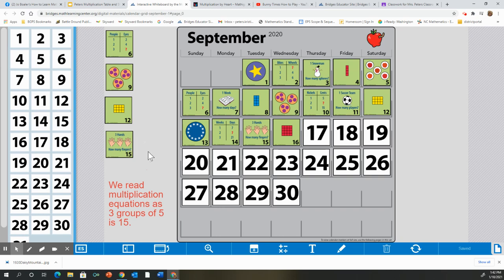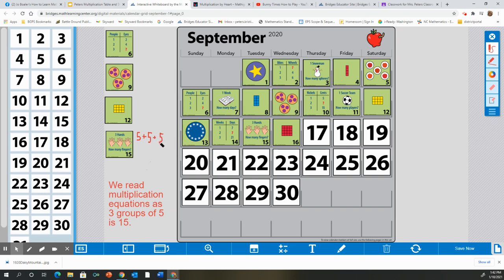So as we do these and record these on our chart, one thing that's really important that we emphasize is as I write an equation to match this, we talk about the fact that we could write it, and most kids initially say that they could write it as 5 plus 5 plus 5.